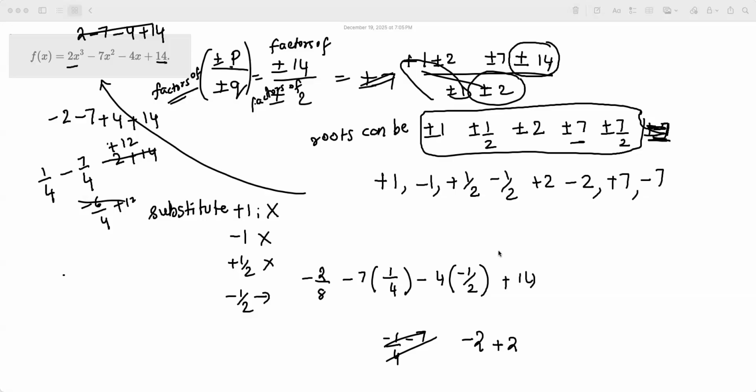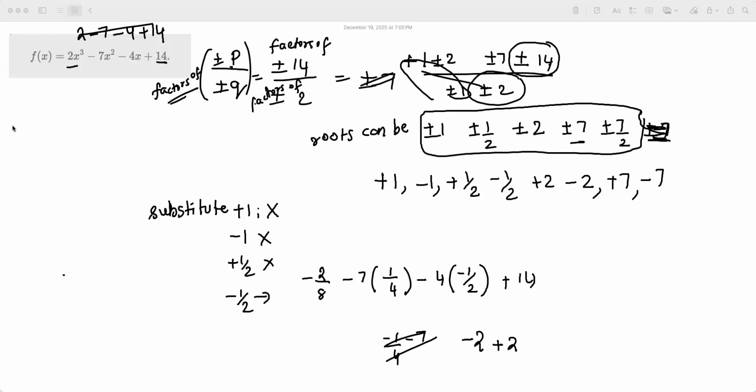See, usually, let's see. Let me do and see once more. Okay, these are my rough work. Let me not have this. Let's see.